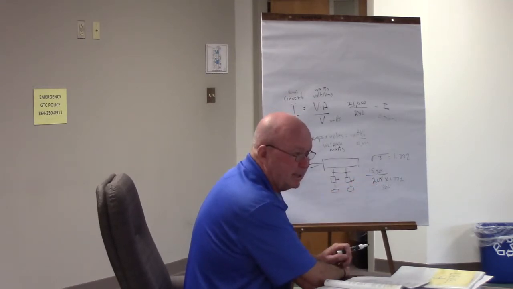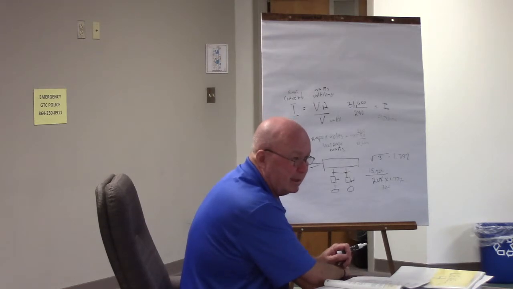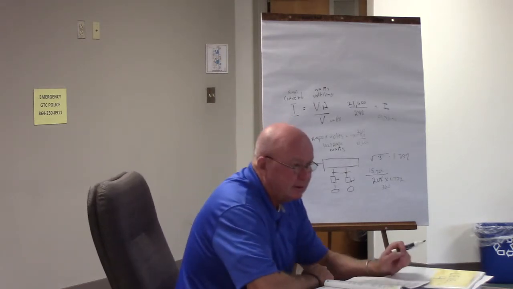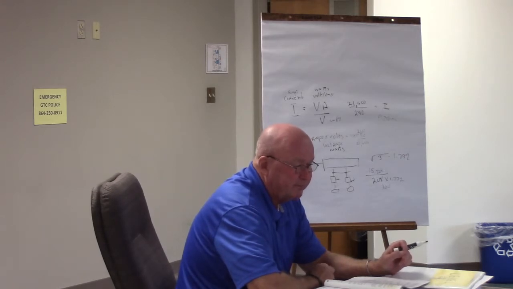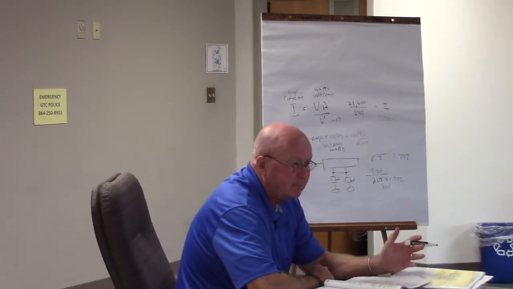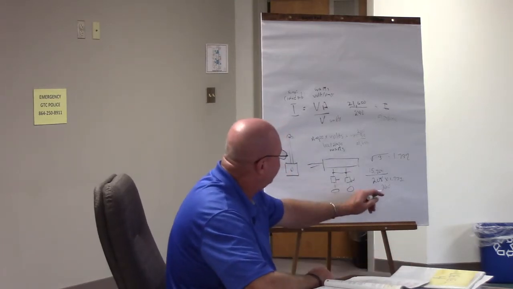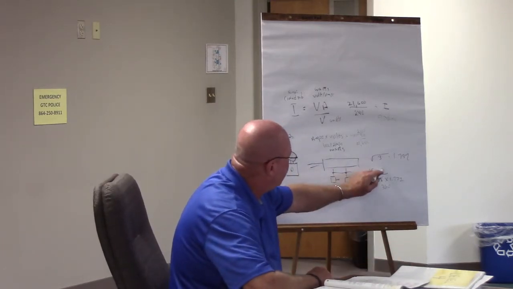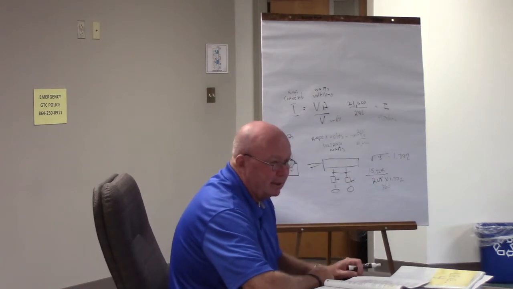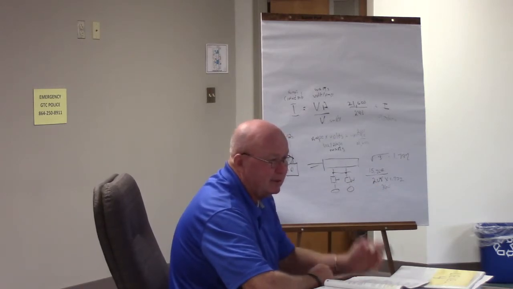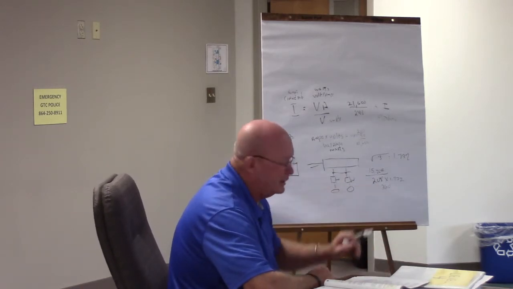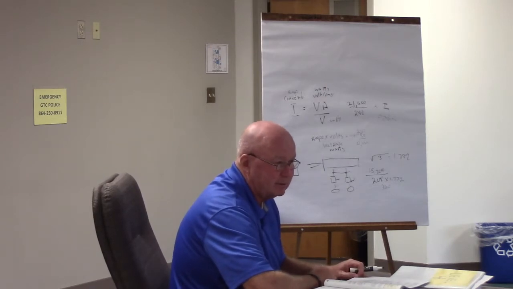That's one of the numbers you memorize. Am I right? Do 208 times 1.732 and see what you come up with. 360.26. Yeah, so we'll round it off to 360. Rather than have to do that every time, you know that three-phase 208 is 360. That's the easy way to remember, or you can multiply it out every time, whatever you're going to do.